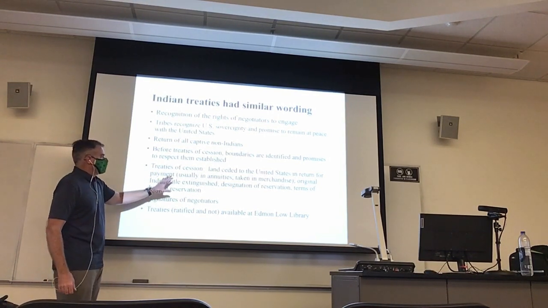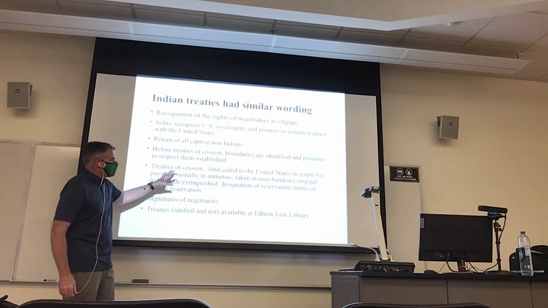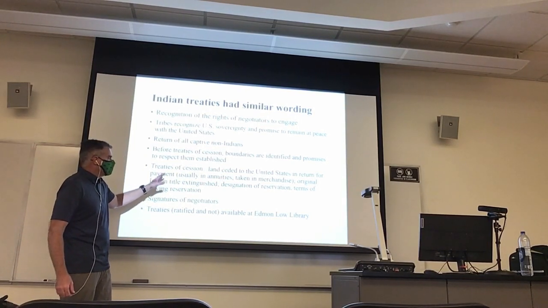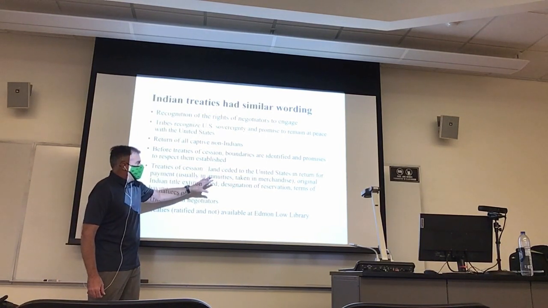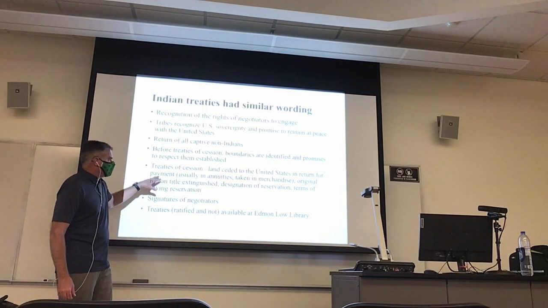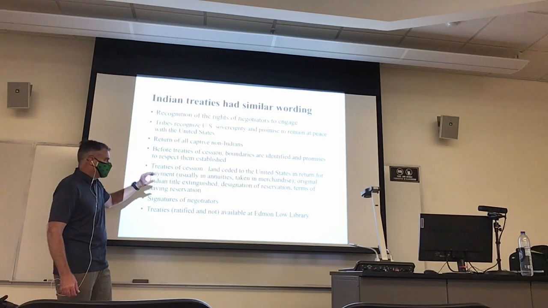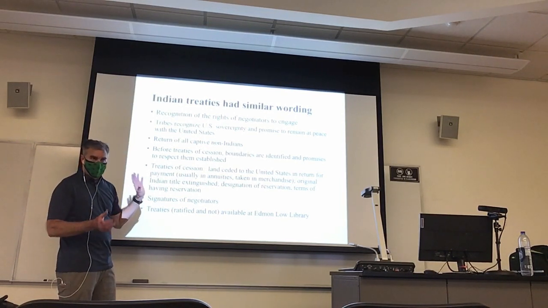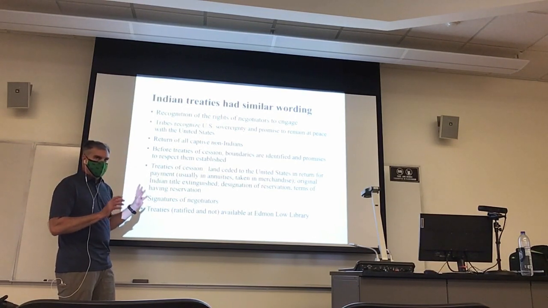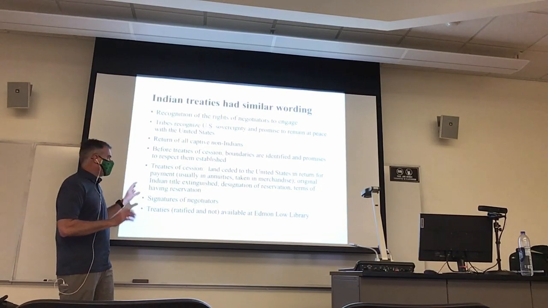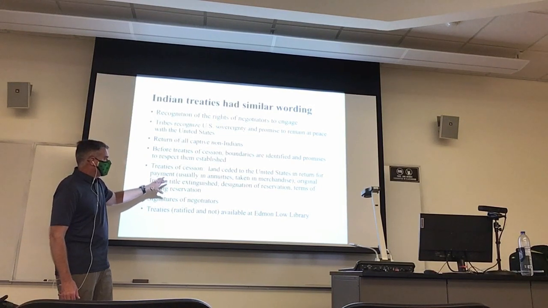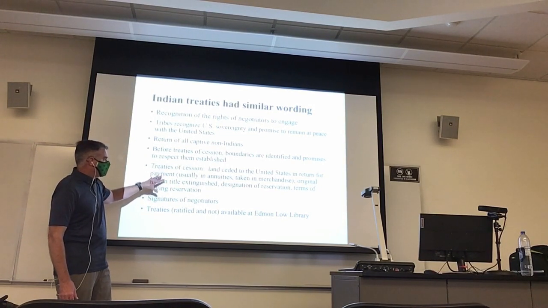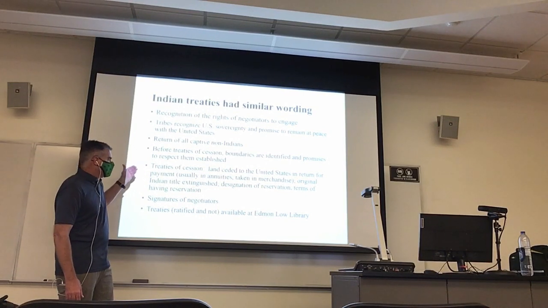So a treaty of cession, and most treaties are treaties of cession, if not just treaties of peace, most of them are cessions. There is land that's ceded to the United States in return for some sort of payment that is an actual, one-time payment for that in some way, plus other sorts of compensation. Okay, and this varies.